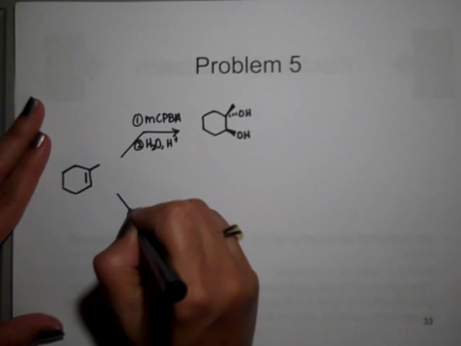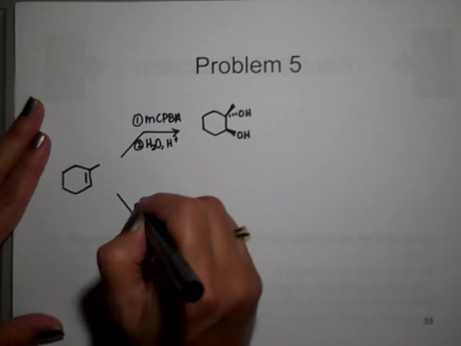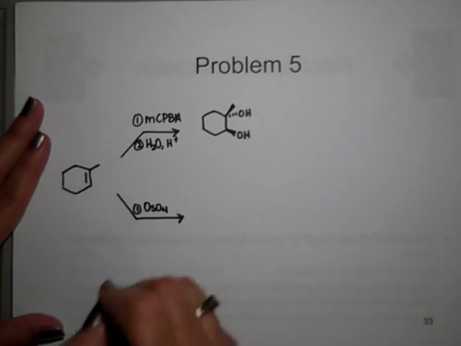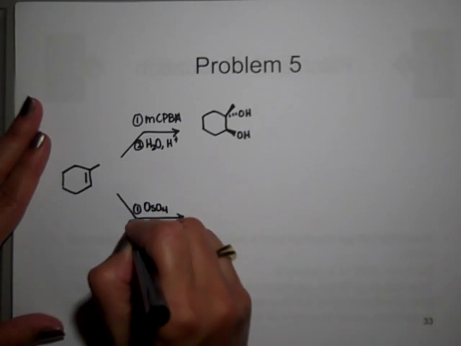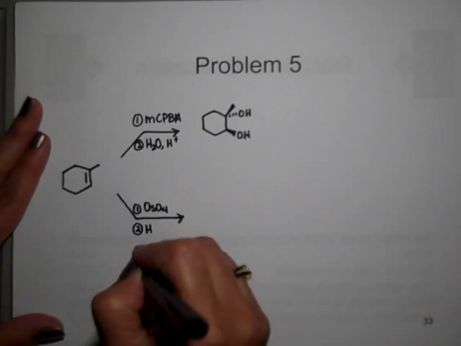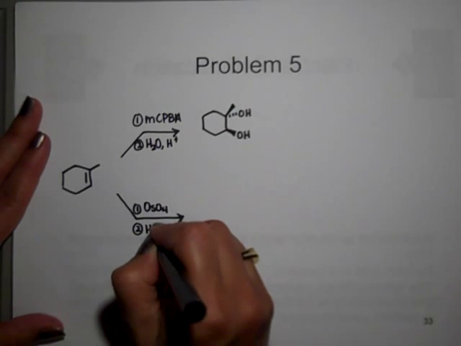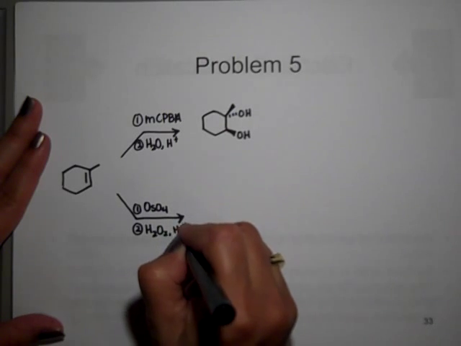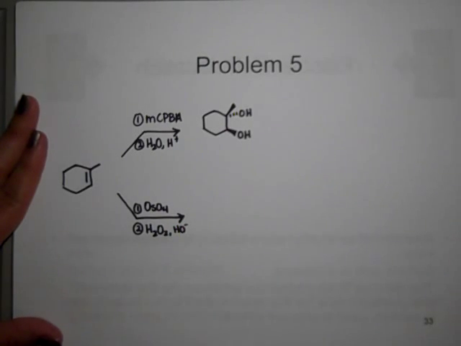How do you make the syn diol? Do you remember that one? Okay, I'm going to make the syn diol. I'm going to use osmium tetroxide. So osmium tetroxide, and then so that the osmium leaves behind the two oxygens, I give it more oxygens, and that's why we're adding hydrogen peroxide.